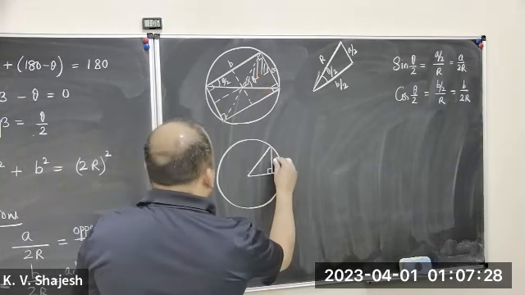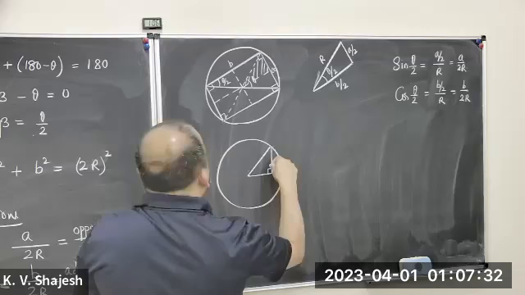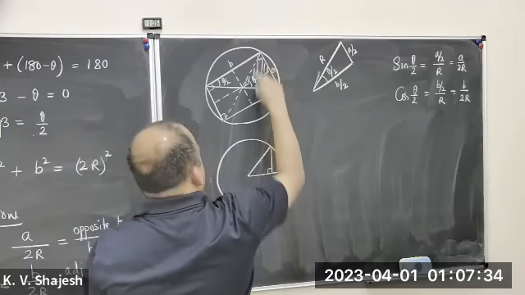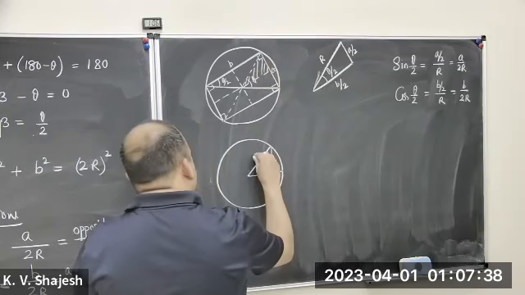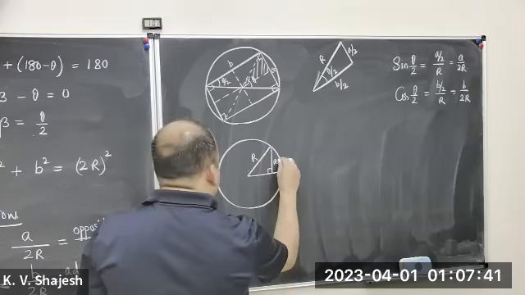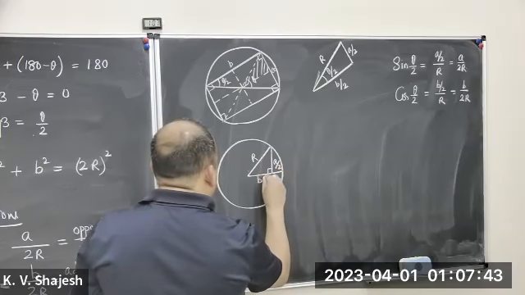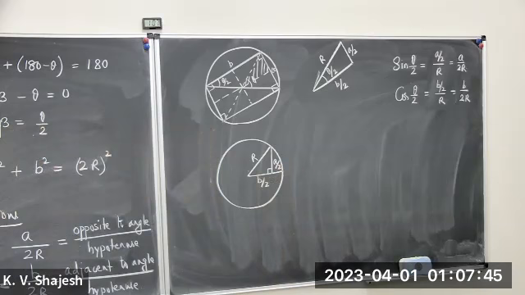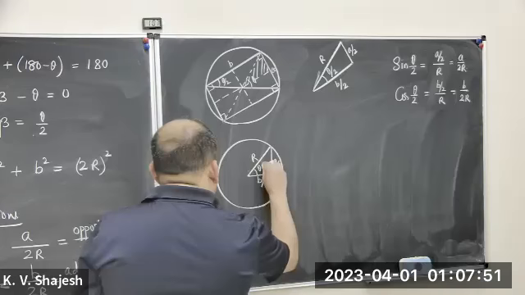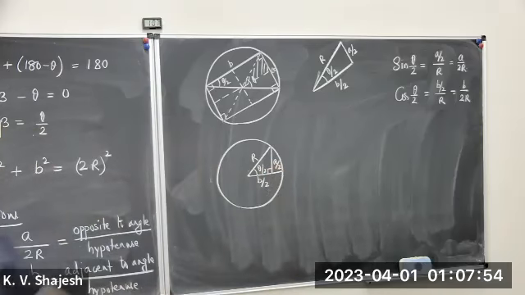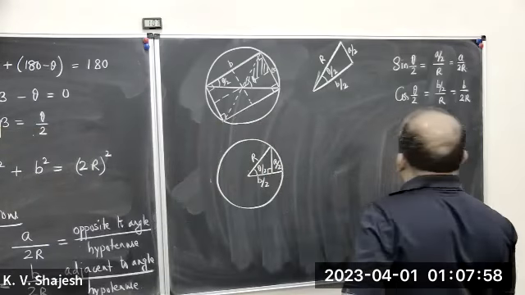So your opposite will be A here, like this is A over 2. So let's say this is A now. This is your R, and let me keep it A over 2, and this is B over 2. Okay. And this is angle theta over 2. Of course, I could have started with angle 2 theta and everything goes through.